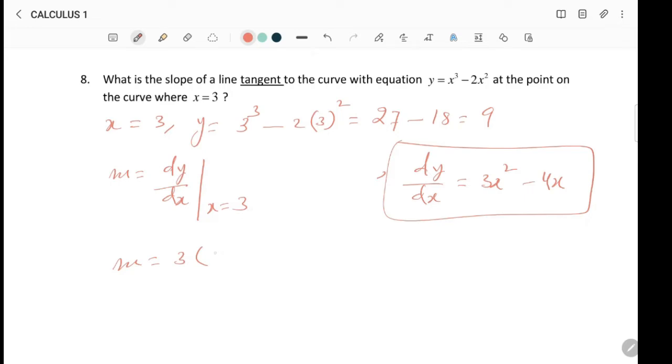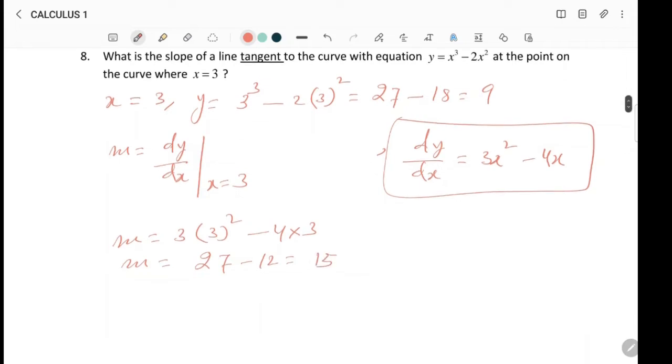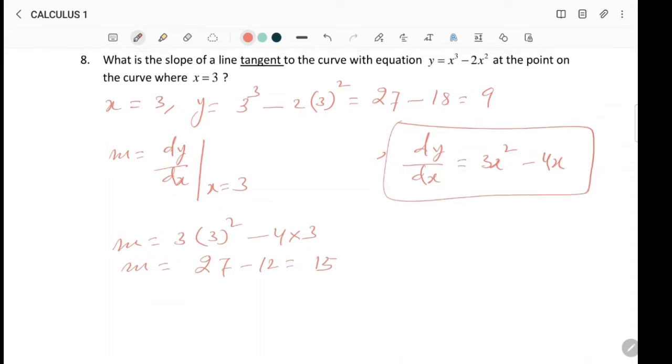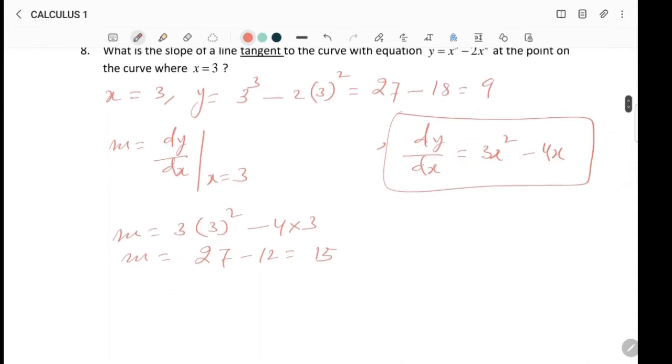So 3 times 3 squared minus 4 times 3. So m is 3 times 3 square, which is 27, minus 12. That is 15, right? So the gradient, or slope, is 15.